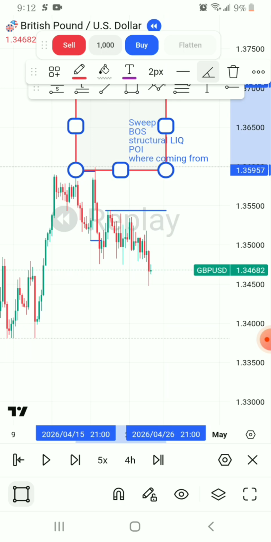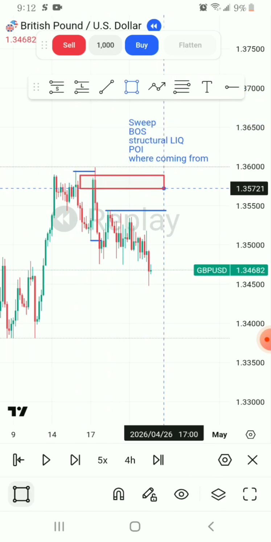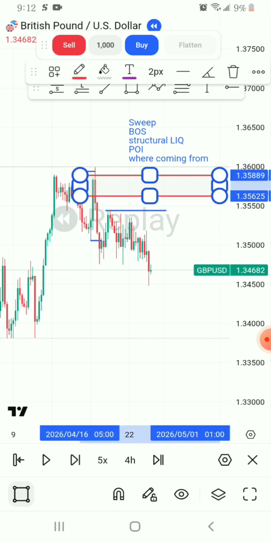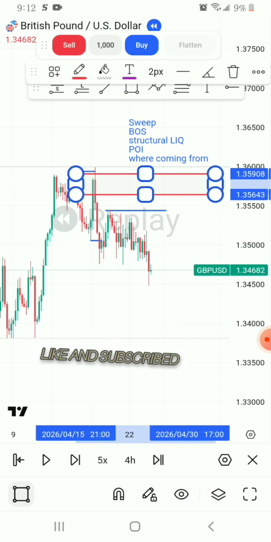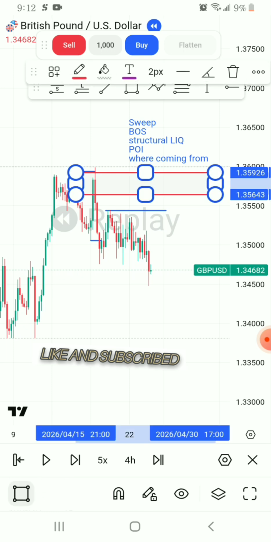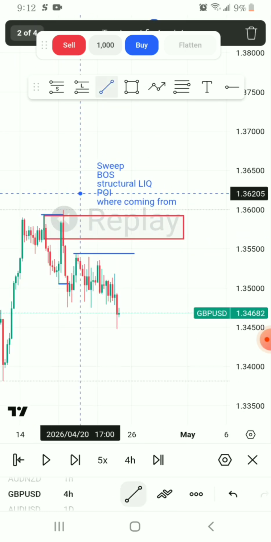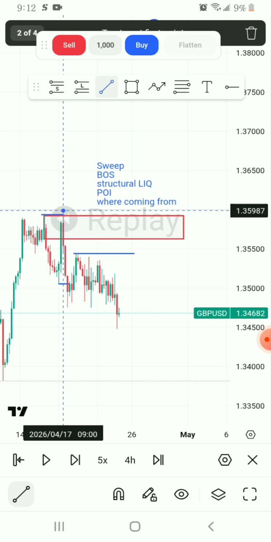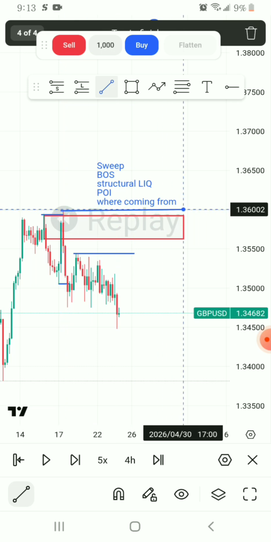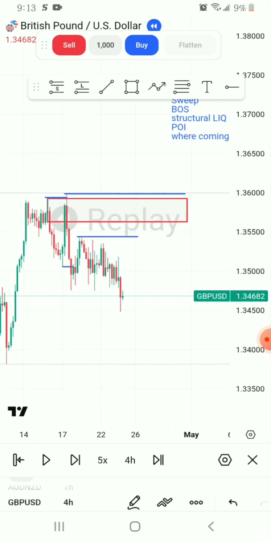This is our social liquidity, so we mark the entire low there. This is a failed order block. We mark this lower high as where we put our stop loss.